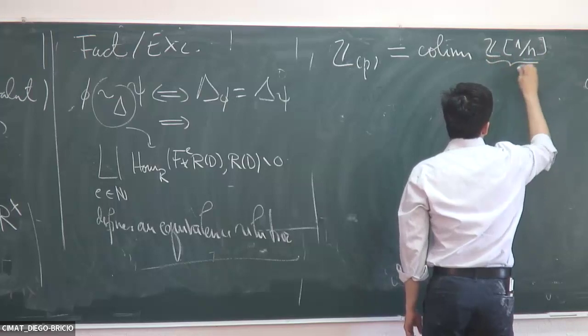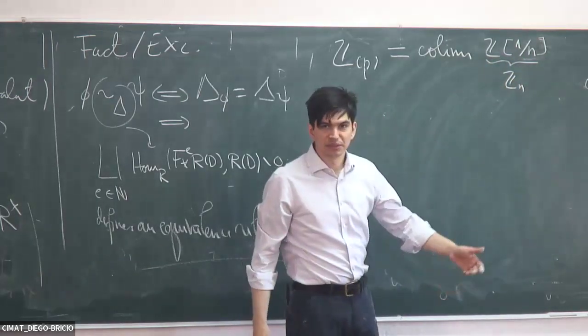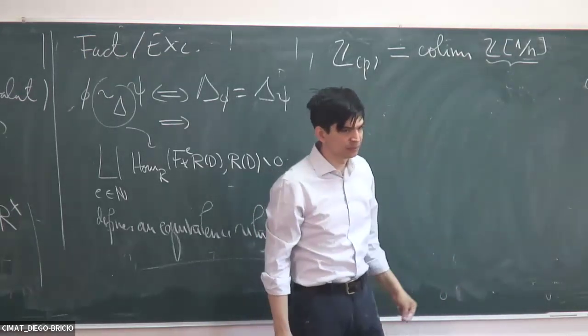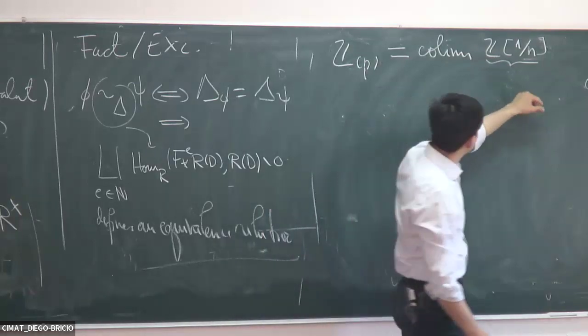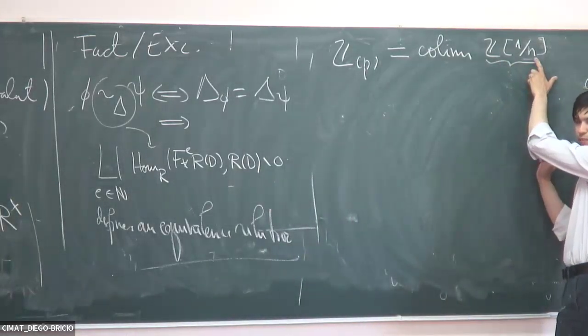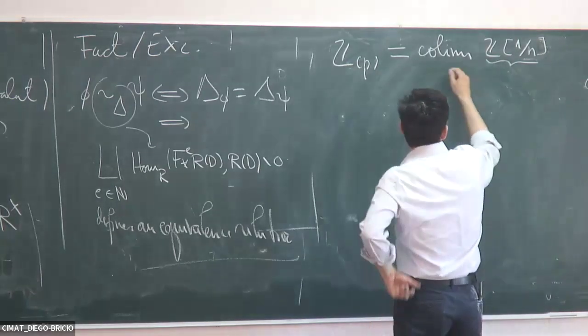These rings are also called like Zn, but I don't like that because it's really confused with p-adic numbers. So let's use Z adjoining 1 over n inside Q, right? So these are all the fractions in which in the denominator you have powers of n, right? So you have this colimit, and you take this colimit over n.